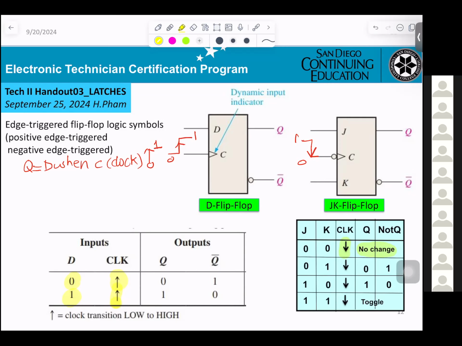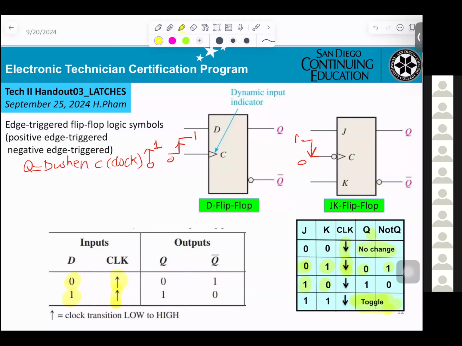When you get J 0, K 1, when the clock goes negative, Q is 0, not 1. And the next one, 1, 0, with the clock, Q is 1, not 0. 1, 1, now toggle.